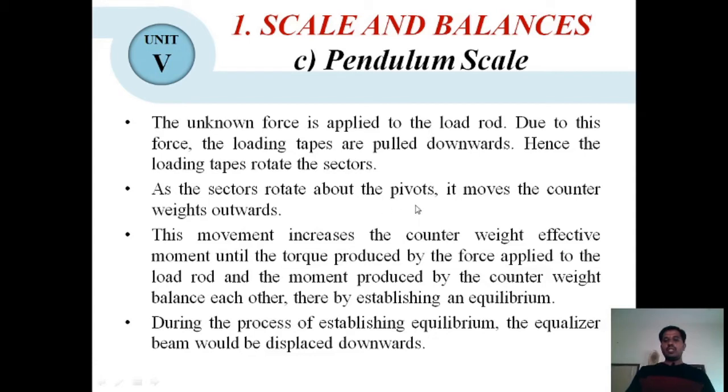As the sectors rotate about the pivots, they move the counterweights outwards. The moment of the counterweight increases until the torque produced by the force applied to the load rod and the moment produced by the counterweights balance each other, thereby establishing an equilibrium.